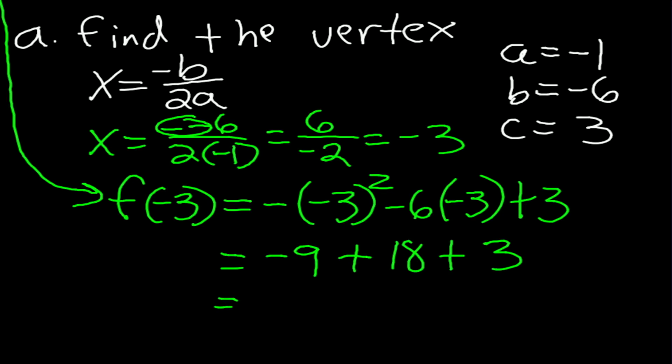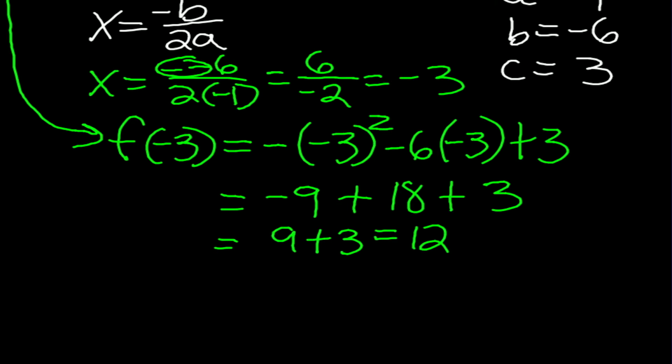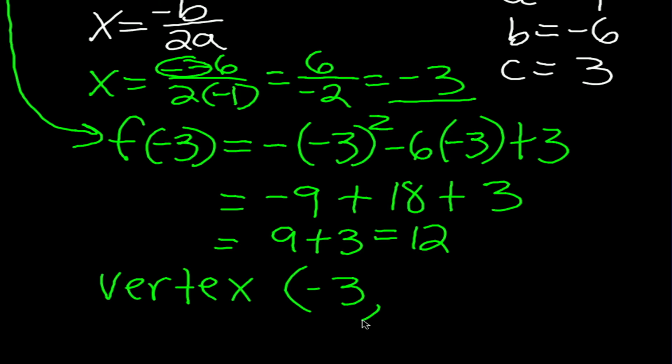That's going to give me a negative 9 plus 18 gives me 9 plus 3, which is 12. So that tells me that my vertex of this parabola is going to be at, remember my x value was negative 3, it's going to be negative 3. My y value that matches with that is 12. So that means I'm going to either have a maximum or minimum at that point.